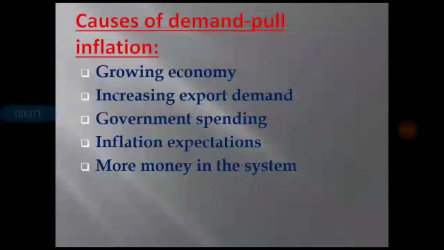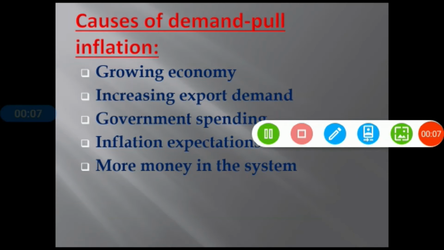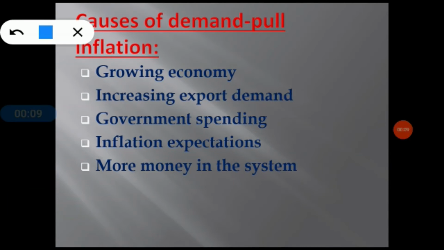So here is another slide for causes of demand pull inflation. The first point is growing economy. When consumers feel confident, they spend more money and take more debt. Okay, so that indicates a steady increase in demand.